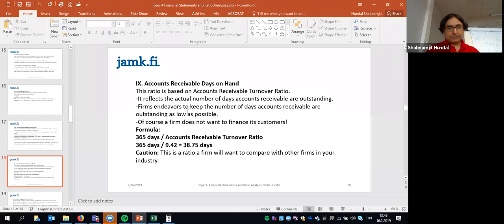Same way, if I divide 365 by the accounts receivable ratio, what does it mean? It means how much cash I must maintain with the bank for some emergency situation.